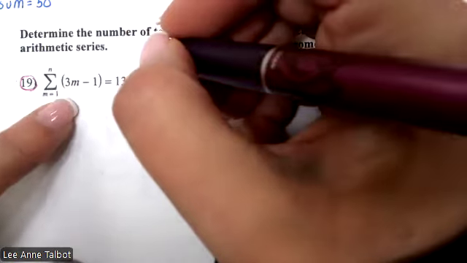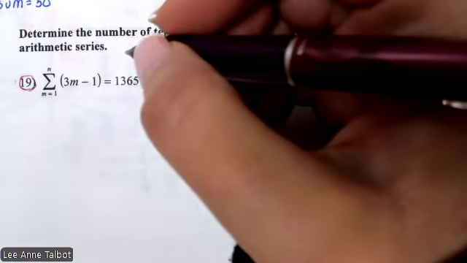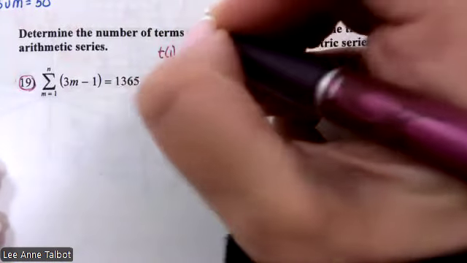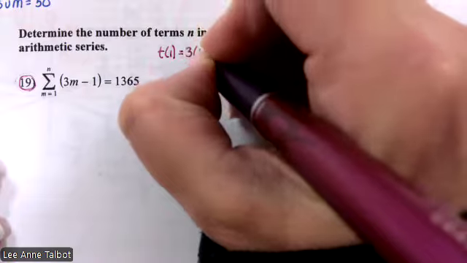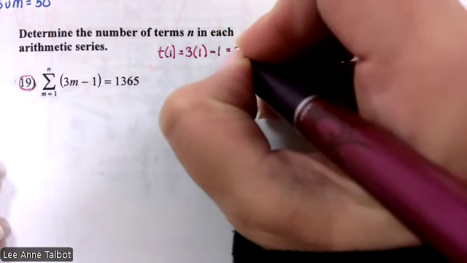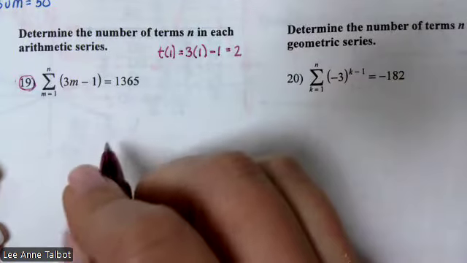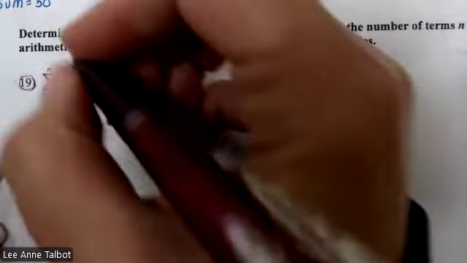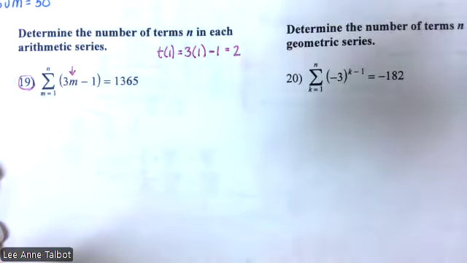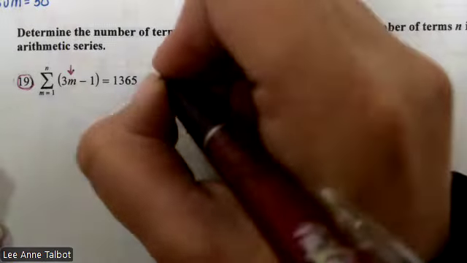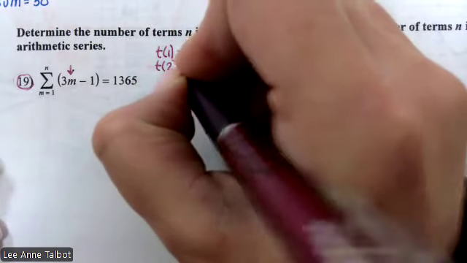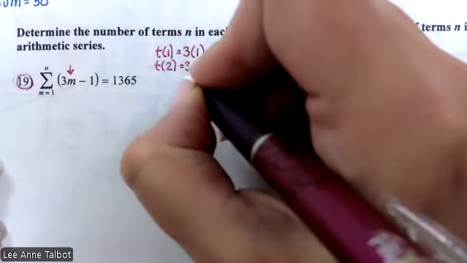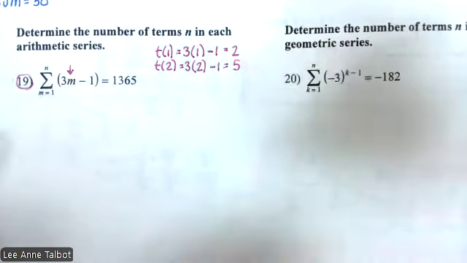Do you guys know how I could find term 1 from this business? Plug in 1. Okay, so term 1 is 3 times 1 minus 1, which is 2. Does that make sense so far? Okay, now I'm going to find term 2, which would be 3 times 2 minus 1, which is 6 minus 1 is 5.